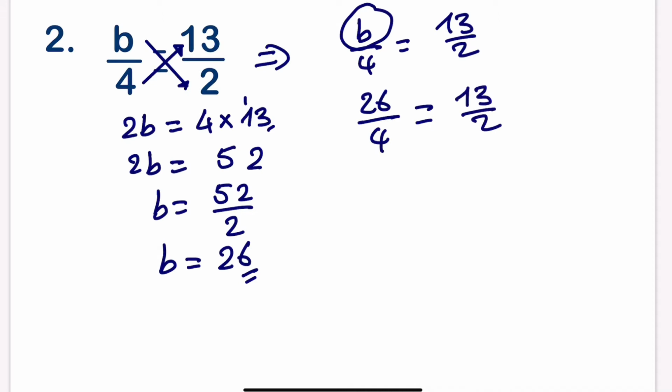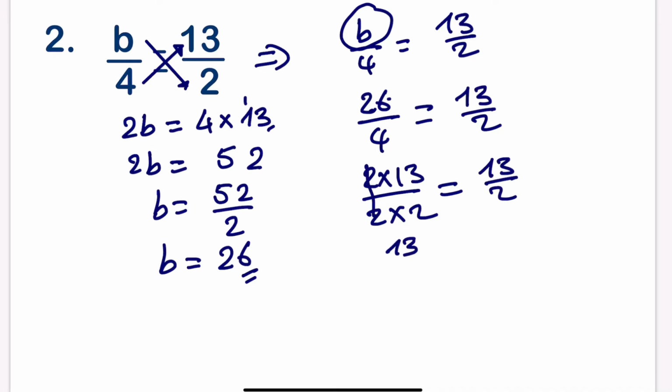We see that 26 is the same as 2 times 13, and 4 is the same as 2 times 2. The 2 and 2 will cancel. So we have 13 over 2 on both sides. The equation should be equal, so your answer is correct. So b is equal to 26.